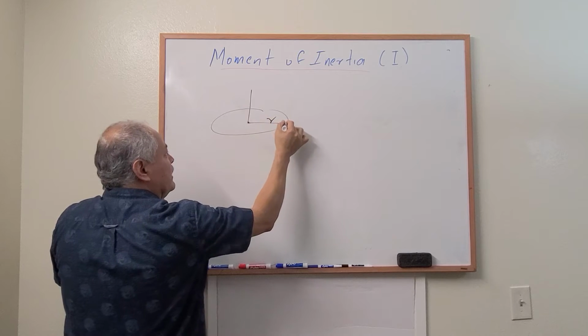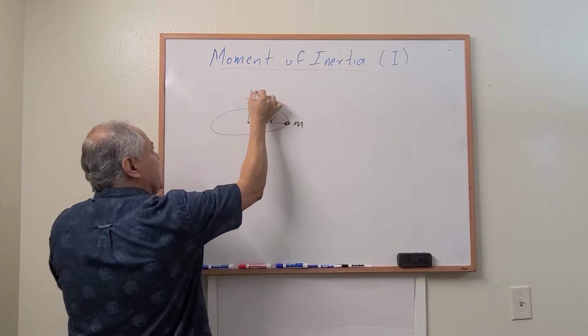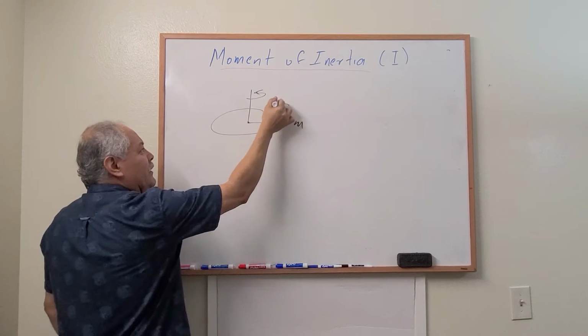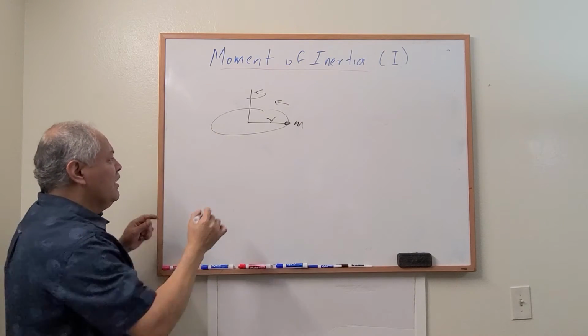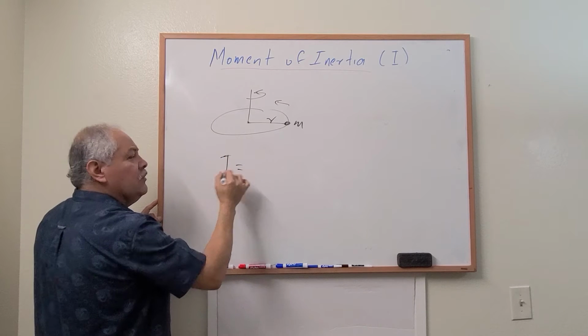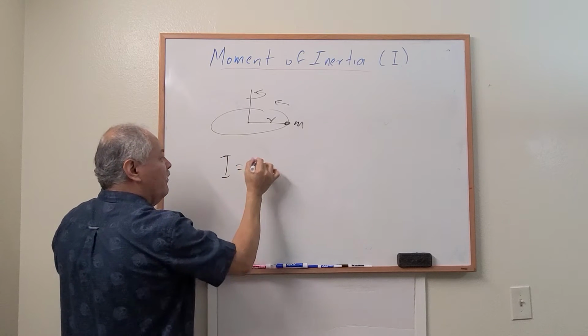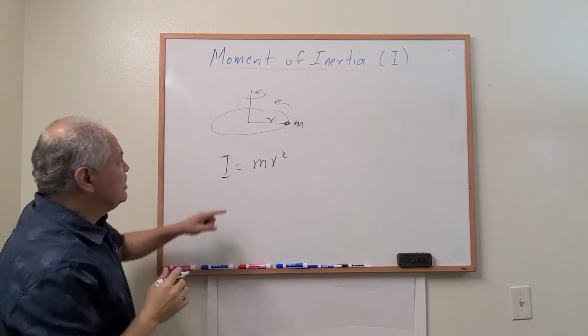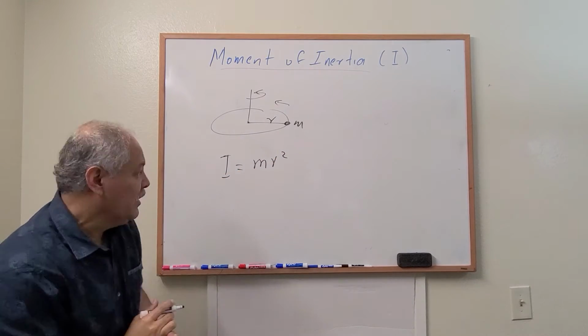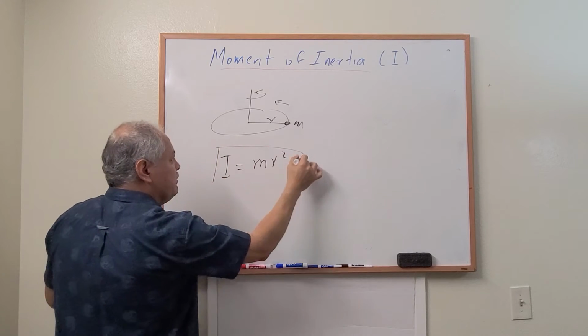The distance is r, and this is the mass. So we rotate in that way. How can we find the moment of inertia? Well, we just did it. Moment of inertia is equal to the product of mass times the distance to the axis of rotation squared. So that's the moment of inertia for this particle.